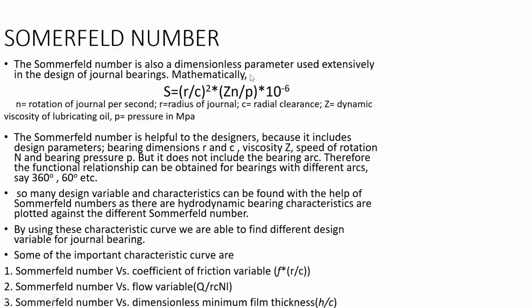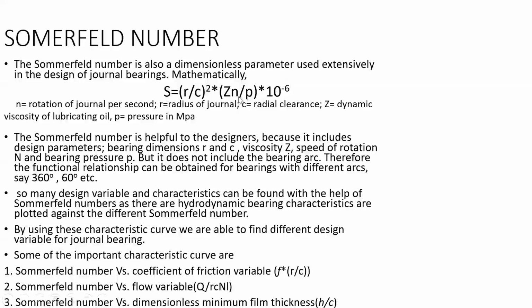And the second term of this Sommerfeld number is the bearing characteristic number of the journal bearing. So this n is a rotation per second, although we take the bearing characteristic number as Zn by P, where capital N is the RPM of the journal.